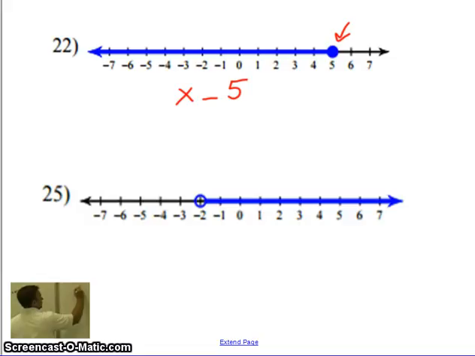And if we're shading left, we're going to say it's less than. So we have x is less than or equal to 5. Now we have an open dot, x, at -2. We're shading right, so it's greater than -2. Good luck.